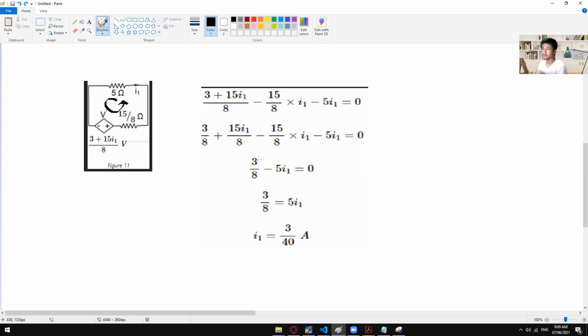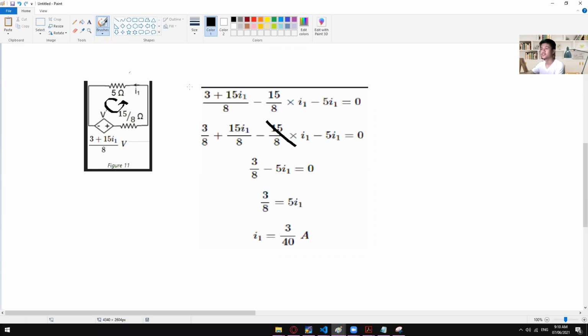Is it correct? Still 3 divided by 8. How did we get that one? Minus 15 divided by 8. We have negative 3 halves. My bad.